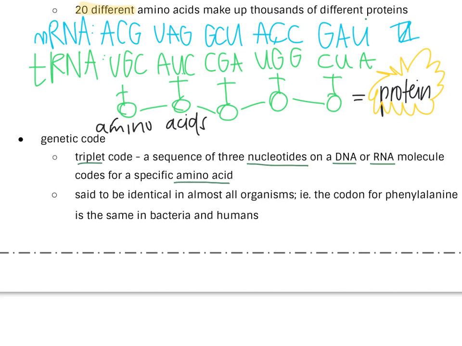So on mRNA, we do call it codon, and on tRNA and DNA, we'll talk about what we call it, but basically just know that 3 bases equals 1 amino acid.